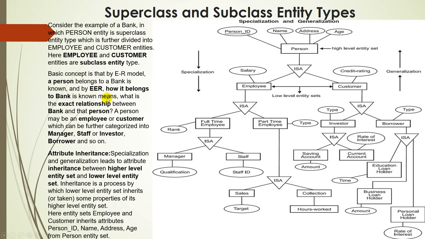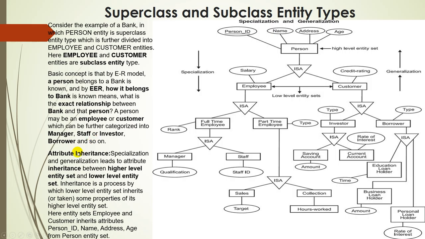What is the exact relationship between bank and a person? A person may be an employee or customer, which can be further categorized into manager, staff, and investor, borrower, and so on. Here is the difference between the EER model and ER model.